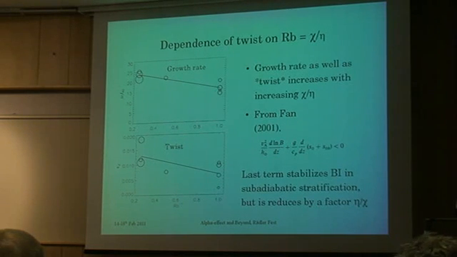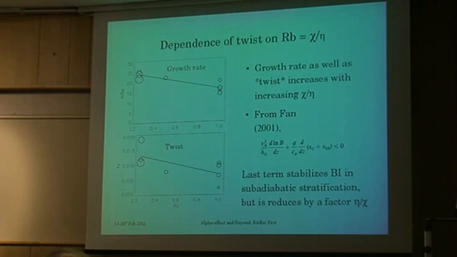One of them has been found by previous authors: the growth rate of the instability increases with increasing Roberts number, which means the more efficient the thermal mixing of the system, the more unstable the system is. The second is that the twist of the tubular structures which I showed you also increases with increasing chi to eta ratio.